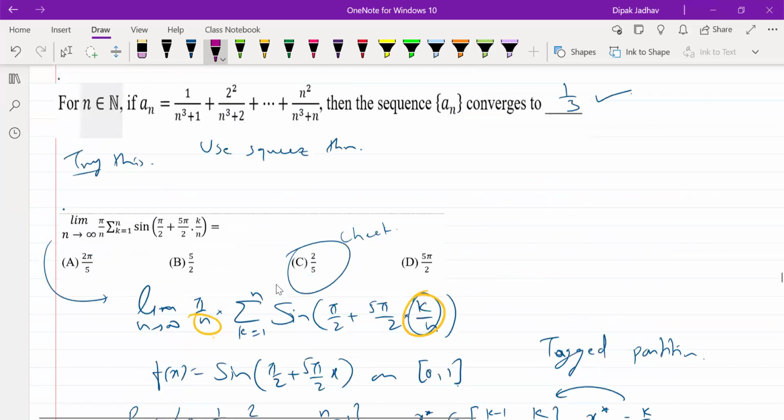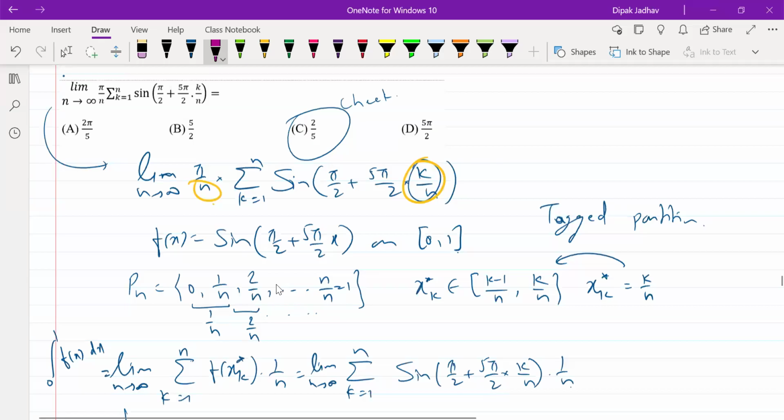Yes. We consider this function f of x is equal to sine of pi by 2 plus 5 pi by 2 x, because we have observed k by n in the limit here. So we are replacing this k by n by x.